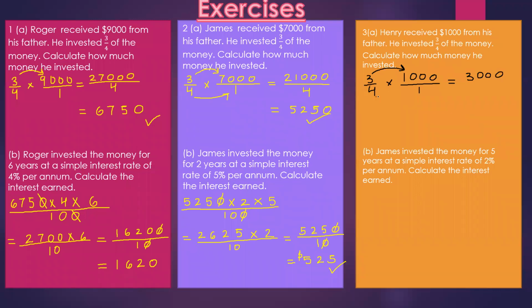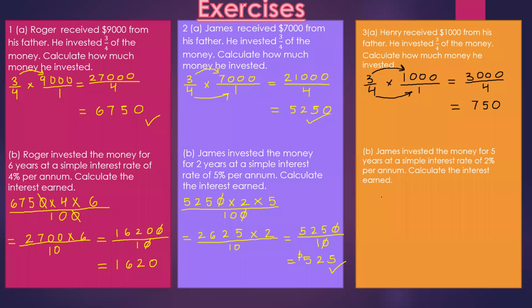And what is 4 times 1? 4. What do we get when we divide 3,000 by 4? 750. Say it again. 750. Very good. So that's how much money invested.